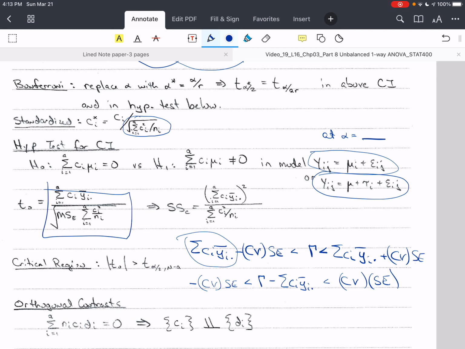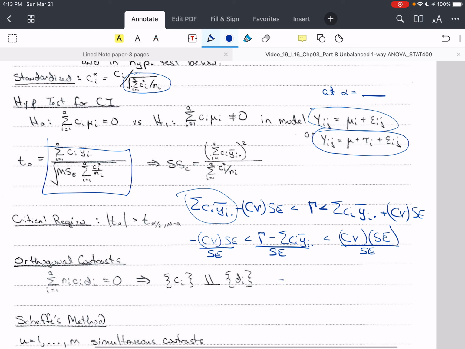And then all we have to do is divide all three sides by the SE, and what we end up with is negative CV is less than, so we have negative CV, gamma minus, so gamma is 0 by our null hypothesis, so we'd end up with minus sum of ci yi over SE, and then we've got CV.